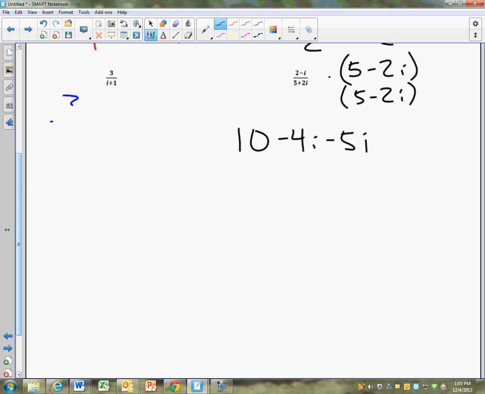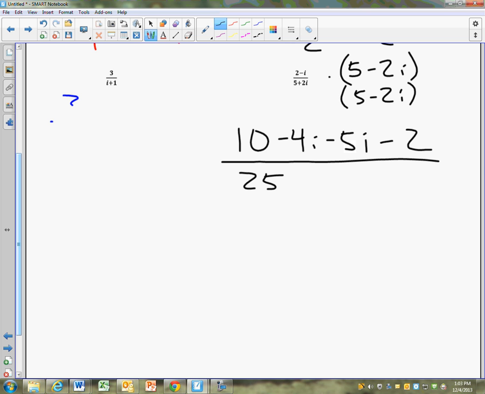And negative I times negative 2i. That'll be a positive 2i squared, which is negative 2. So I'll just erase this and make this a negative 2. So that's my top. Let's look at my bottom. 5 times 5.